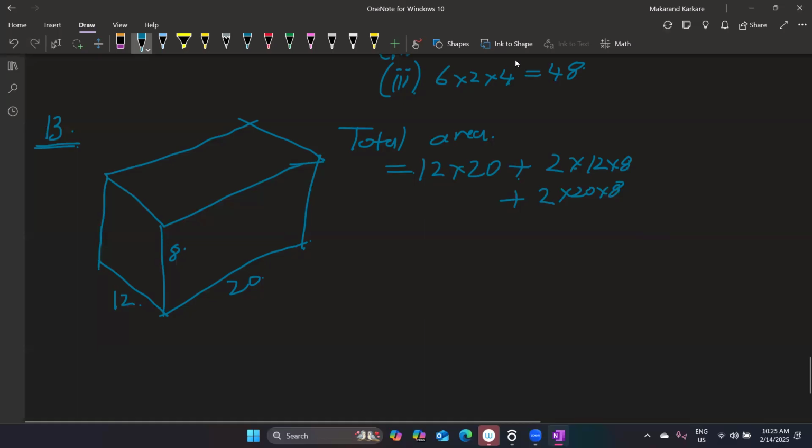So there are not six surfaces, only five surfaces. Correct, Soham.